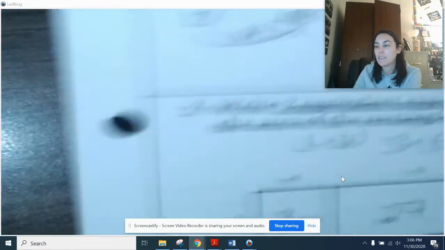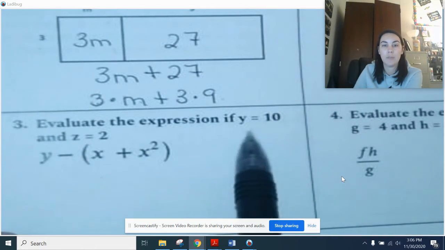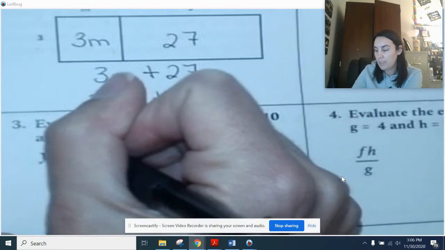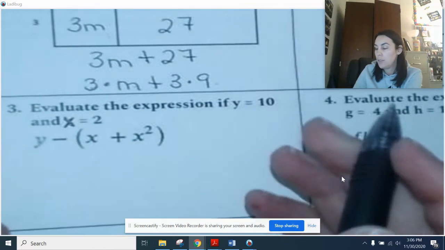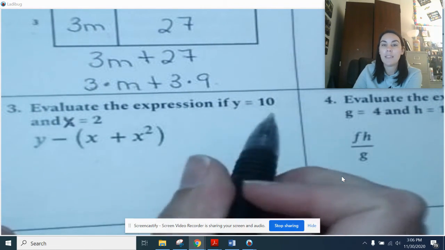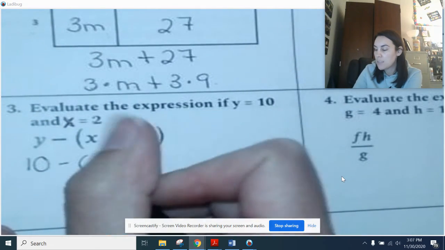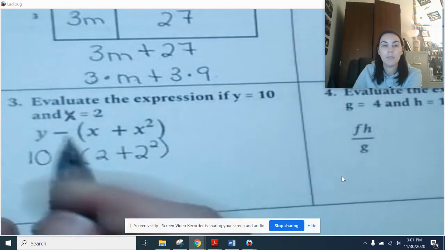Okay, next we have evaluate the expression of y equals 10 and z equals 2. But remember I said to switch this z to x. If you're not in class, then this needs to be switched. So first thing we need to do is substitute in. So y is 10, so we're going to substitute 10 minus parentheses, x is 2 plus 2 to the power of 2.